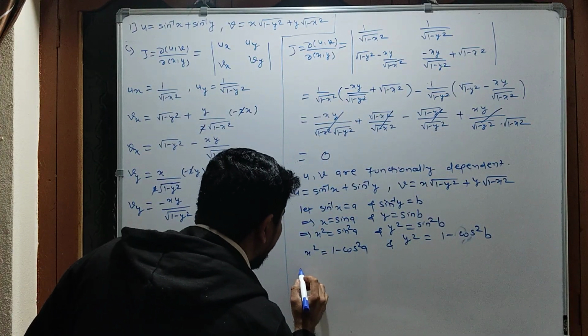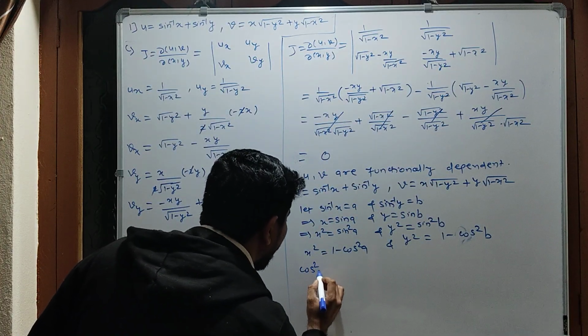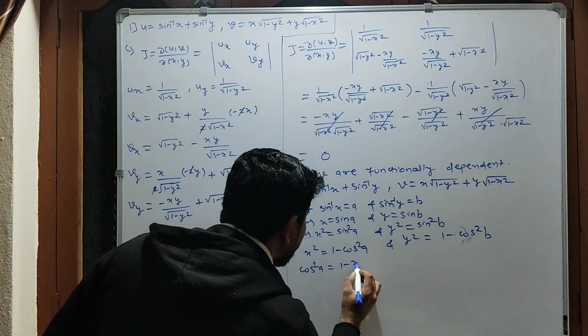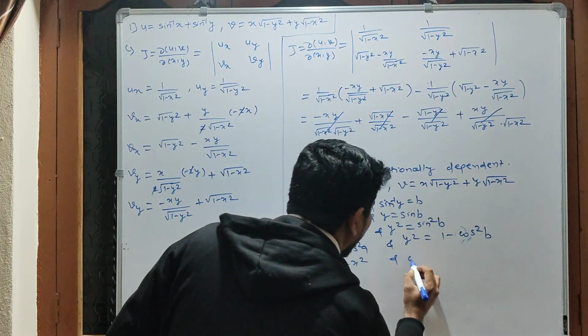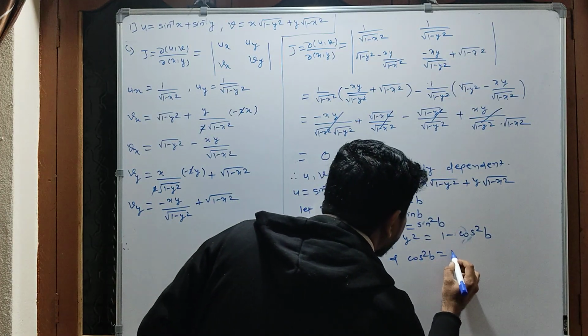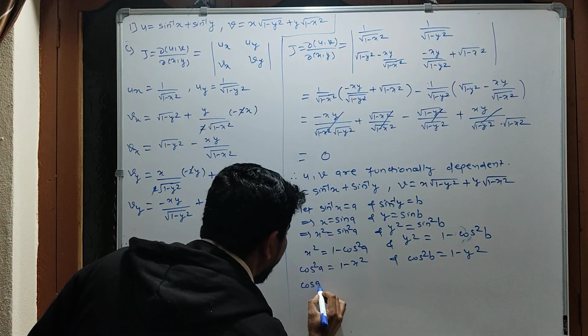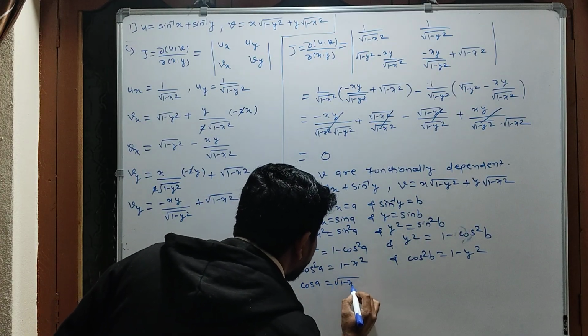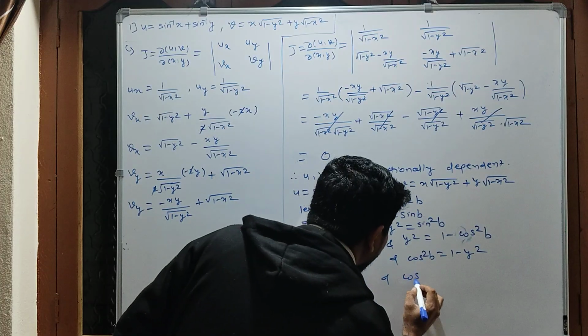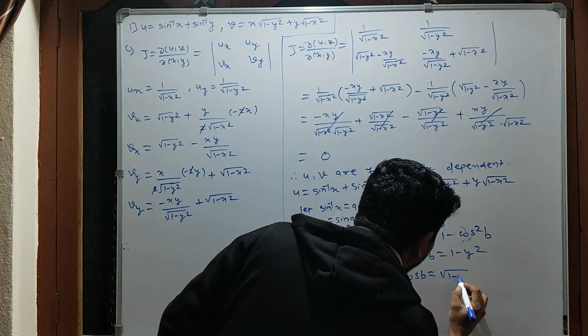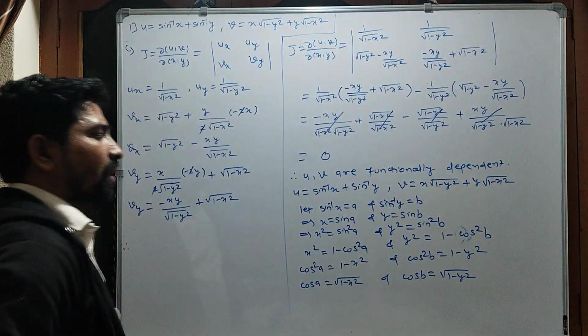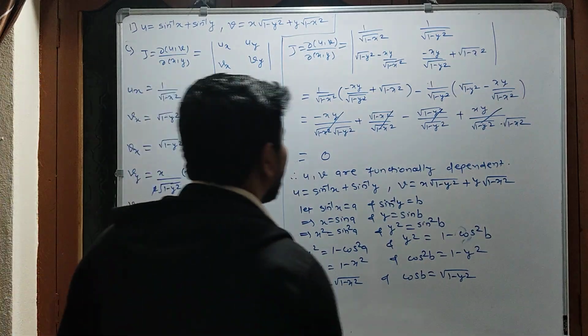So I write cos square a as 1 minus x square and cos square b as 1 minus y square. This implies cos a is under root 1 minus x square and cos b is under root 1 minus y square.